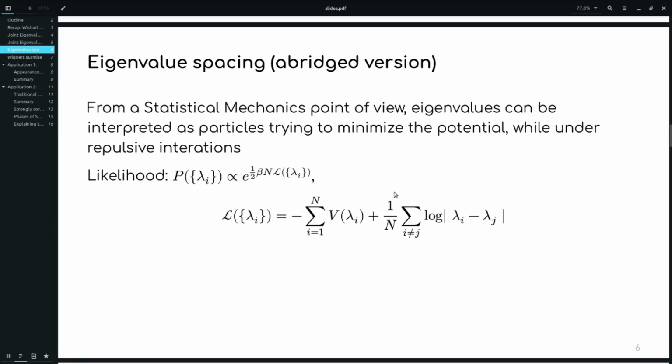What this looks like is that you have this constraint that your eigenvalues cannot get too close to one another, right? If two eigenvalues get too close, the log will go to minus infinity, but because you're trying to maximize log likelihood, you want to avoid that. So you want the eigenvalues to be different from one another.